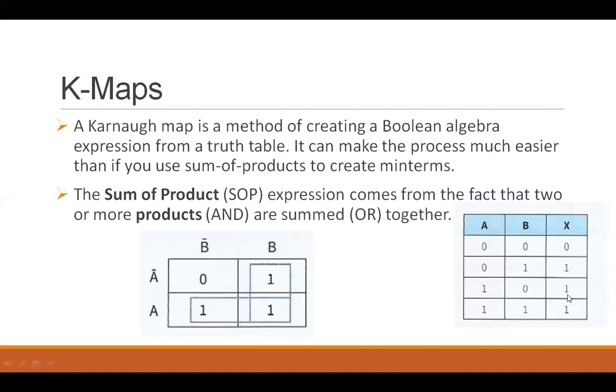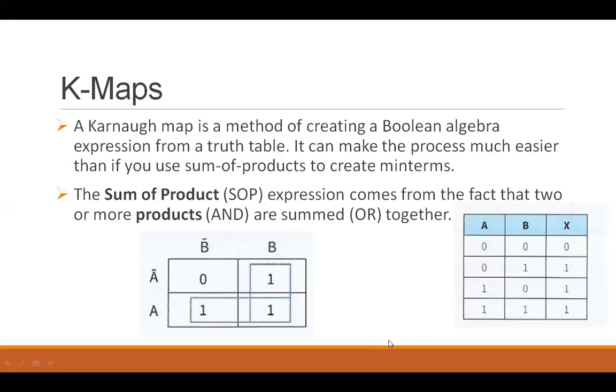This one is coming from A, B inverse. So I'm going to find the A and B inverse intersection and put a 1 there. And this last one is coming from A and B. So I'm going to place a 1 in the intersection of A and B. Then, as you can see, all the ones are grouped together.